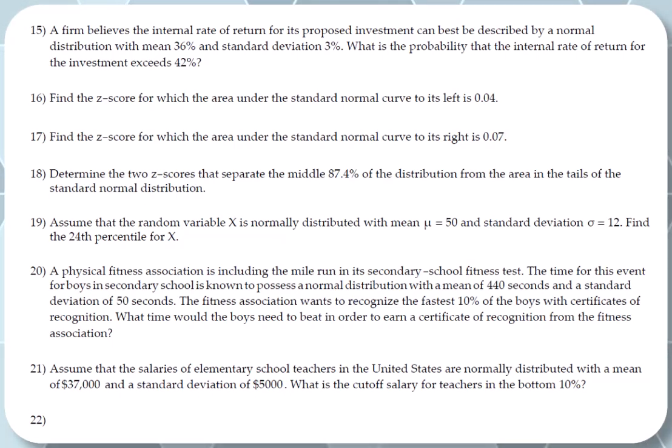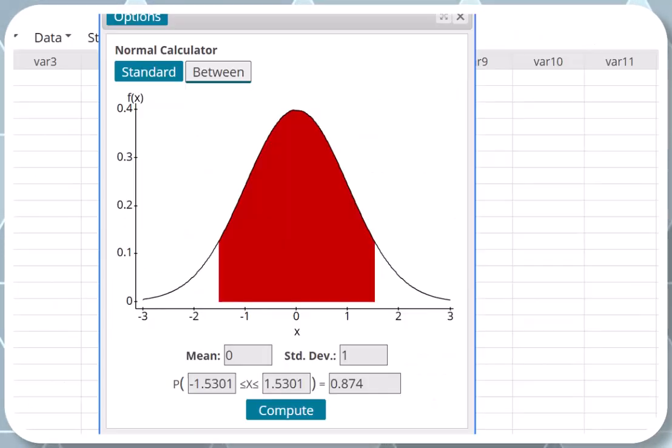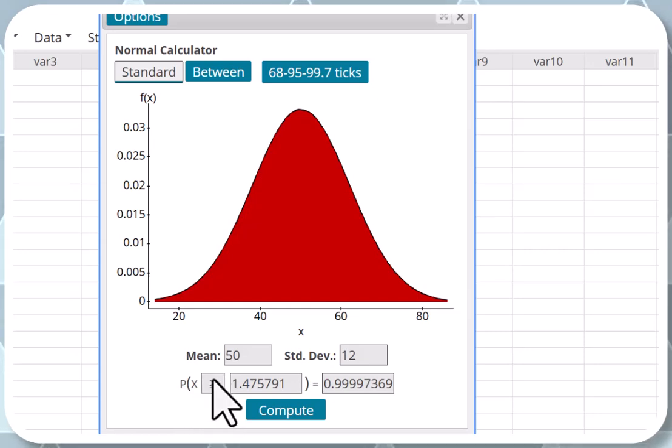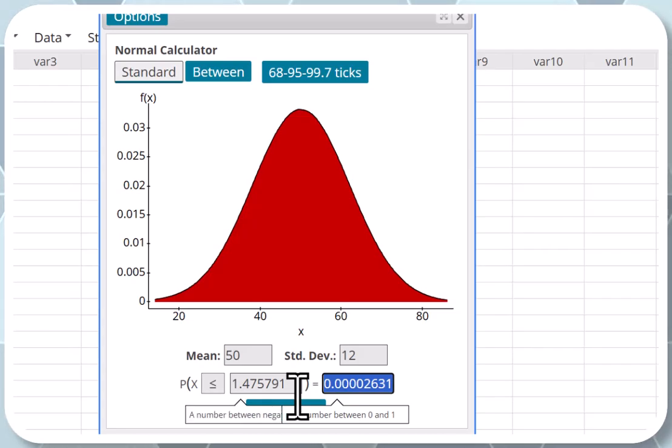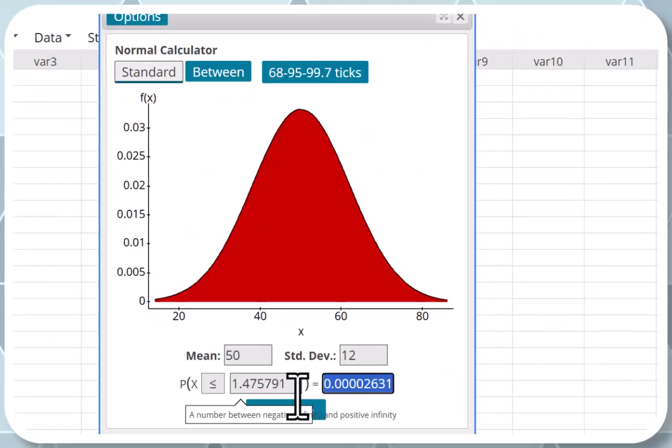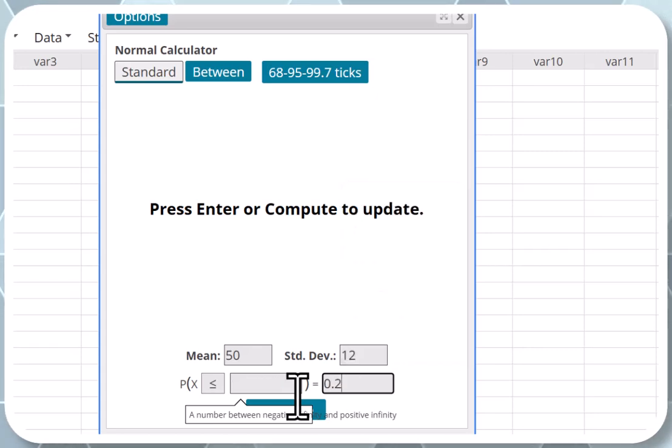Mean is 50 and the standard deviation is 12. You go to standard, we need to go less, and it's 0. What was it? Which percentile? 24 or 34? 24th percentile. So just put 0.24 right here.